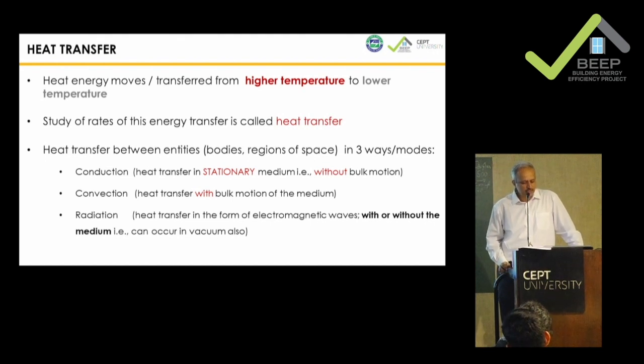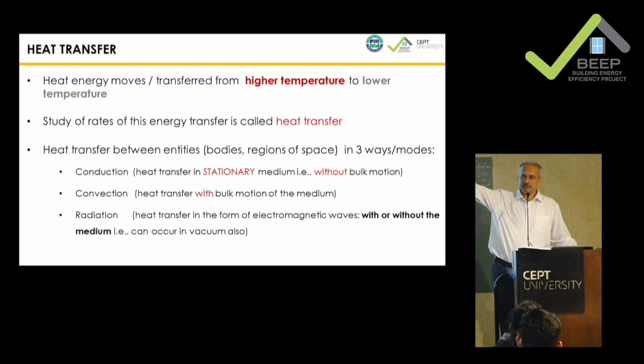When it comes to radiation, it's basically electromagnetic waves, with or without a medium. So the sun is so far away, and we still get heat, primarily because of electromagnetic waves, and you don't require any medium in between, right? And still it transfers the heat to us. That's the power of radiation.